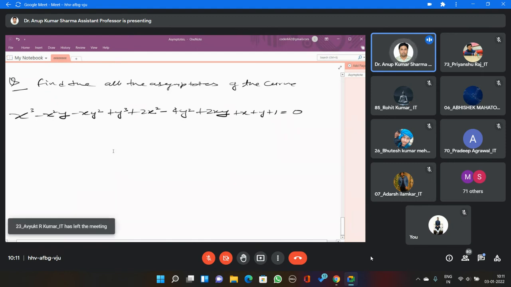So in this case, the highest degree term contains x cube. Okay, and its coefficient is 1. So that means no asymptotes parallel to x-axis. Highest degree is what? Cube is there, and coefficient is what, one you can see here. Is any other x cube present? Not present.